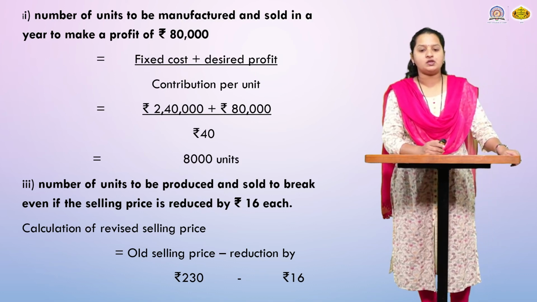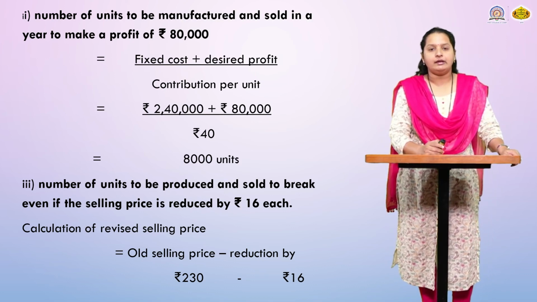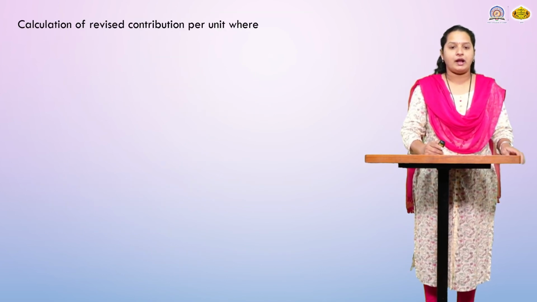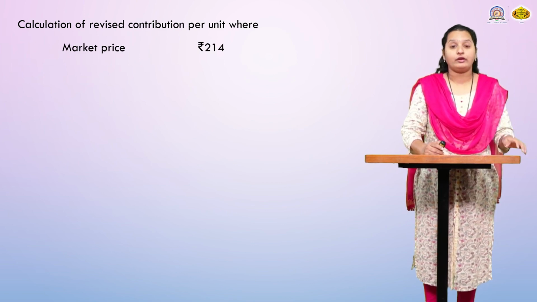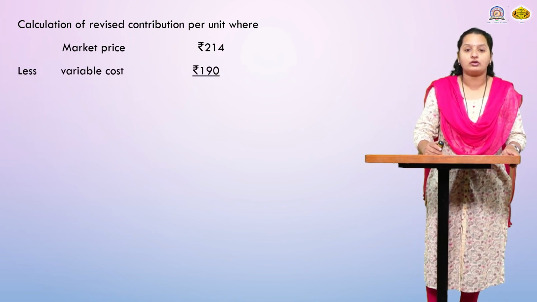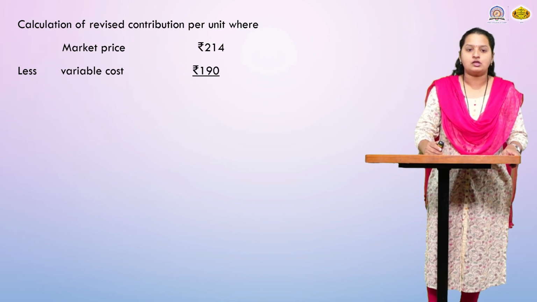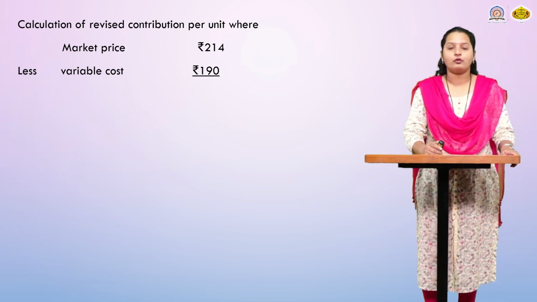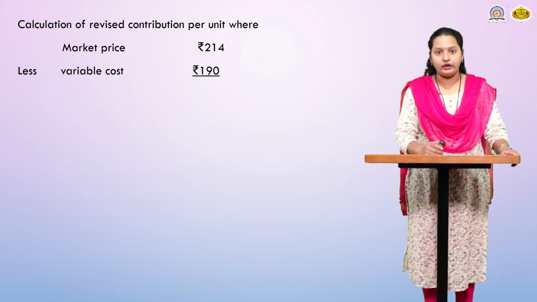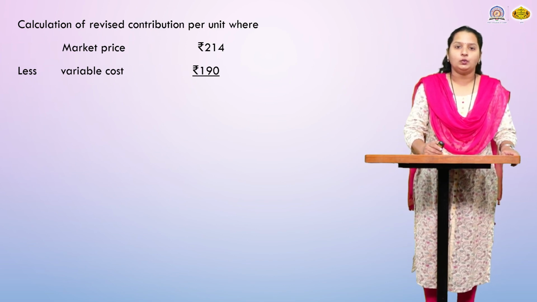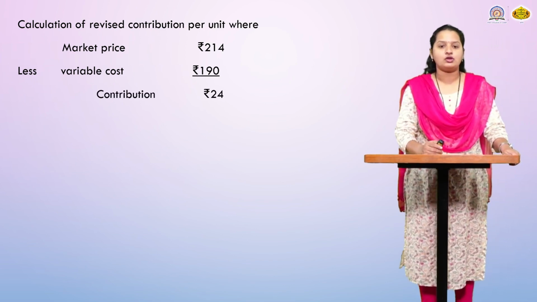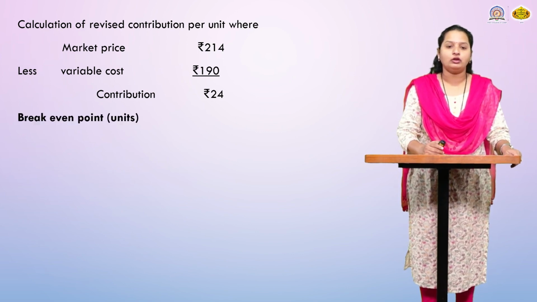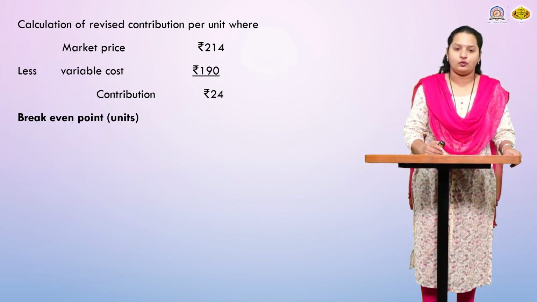Our old selling price was rupees 230, reduced by rupees 16, and we get our new selling price. With the help of that we have to calculate the revised contribution. So we got our new selling price of rupees 214, which is 230 minus 16, less variable cost rupees 190, and we got the contribution as rupees 24.